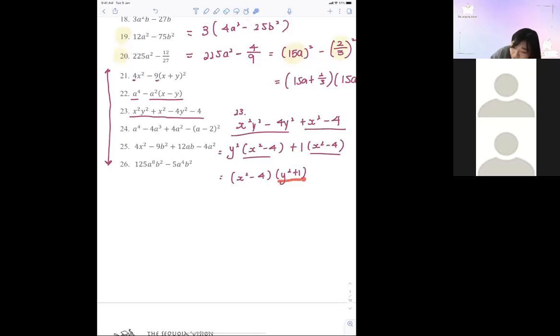This is a square plus b square. There's no way you can factorize this. This one, I know both of you can spot. This is your a square minus b square. So you just change it to a plus b, a minus b. The final bracket, just keep.